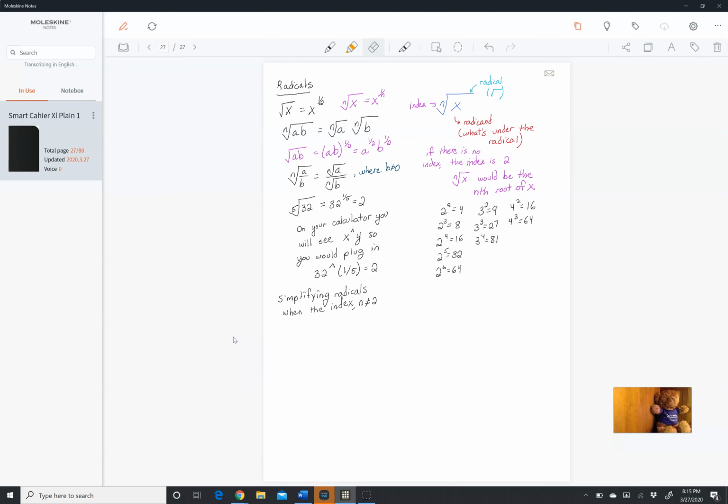So a couple of rules. There shouldn't be any fractions under the radical sign. We're going to get into how to get rid of that. The first set of radicals that we simplify, you're not going to have any fractions.